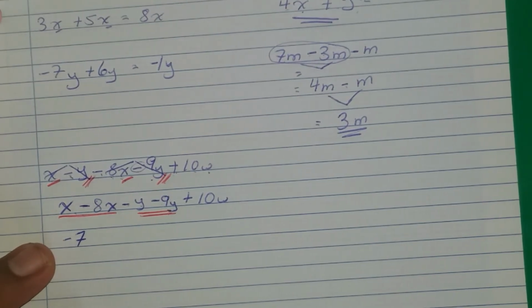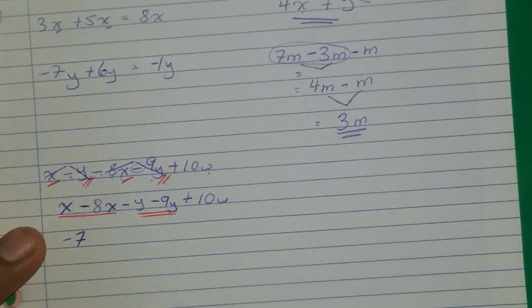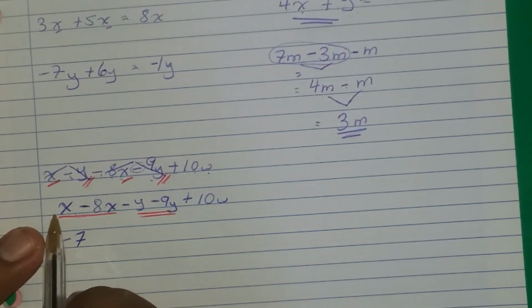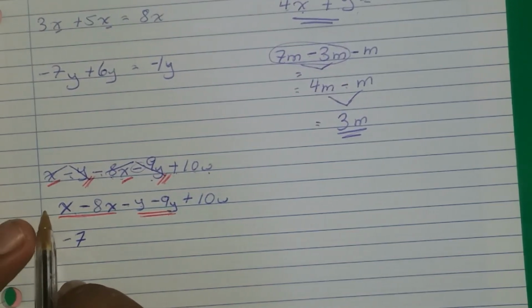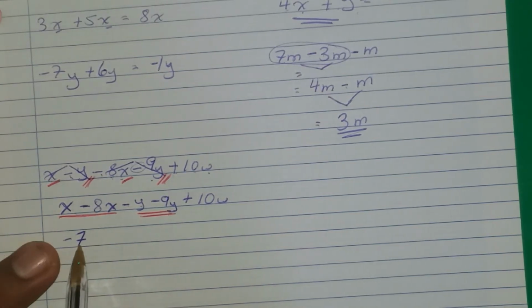Right? Because in mathematics, if you want to work with it in terms of positive and negative, we have the rule that says that if signs are different, you will subtract the numbers and you keep the sign of the larger number, right?